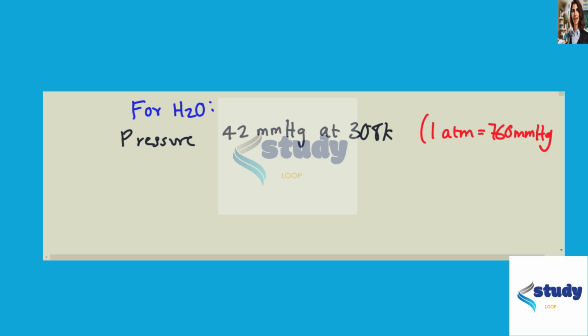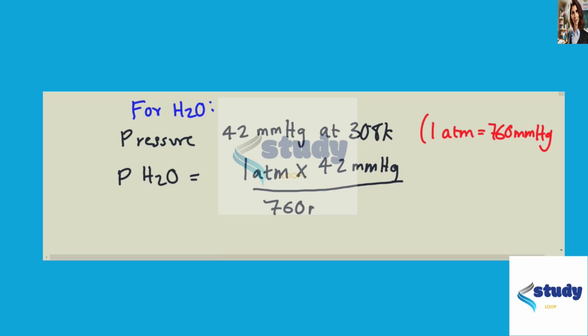So if we want to figure out the pressure of H2O in atmospheric pressure, we need to do 1 atm times 42 and divide that by 760, being the unit conversion here, right?